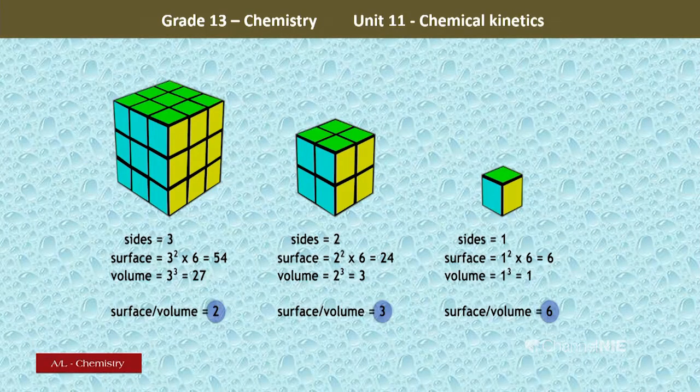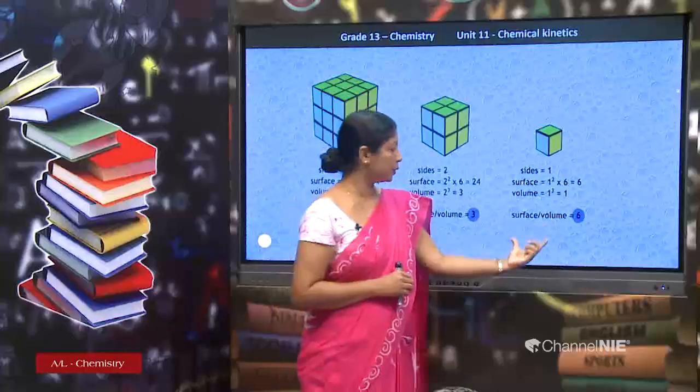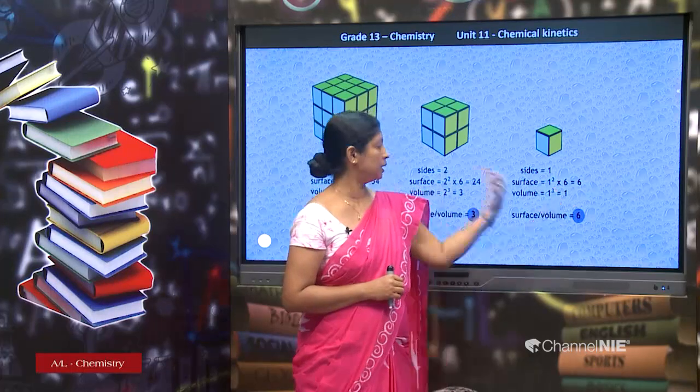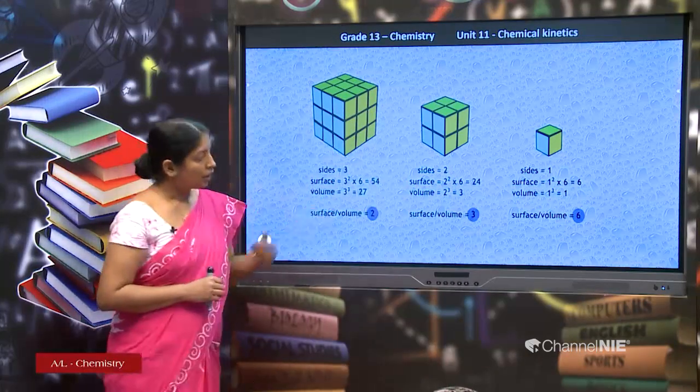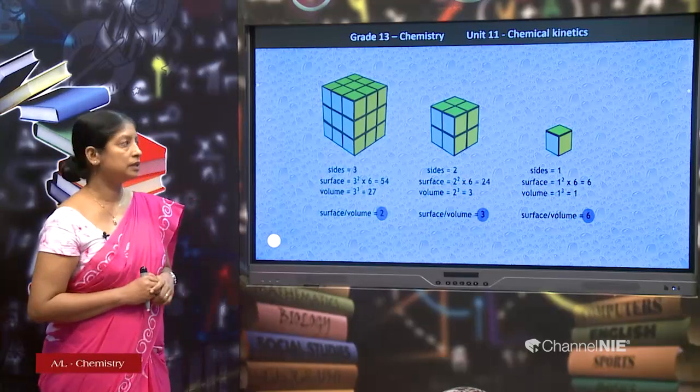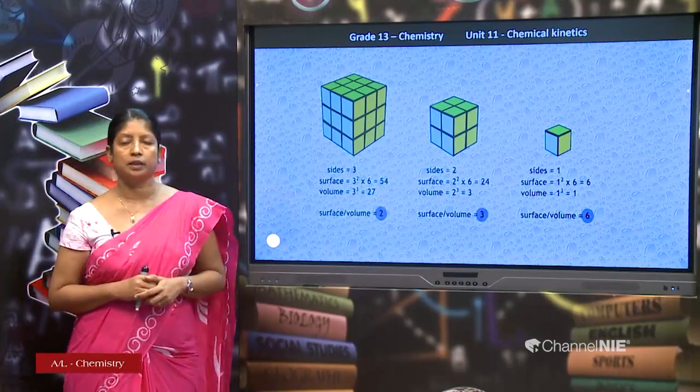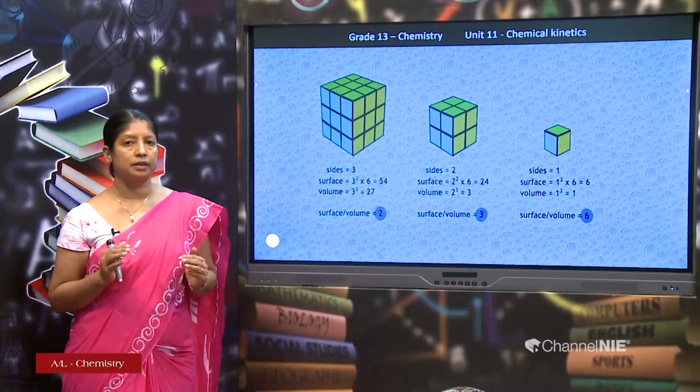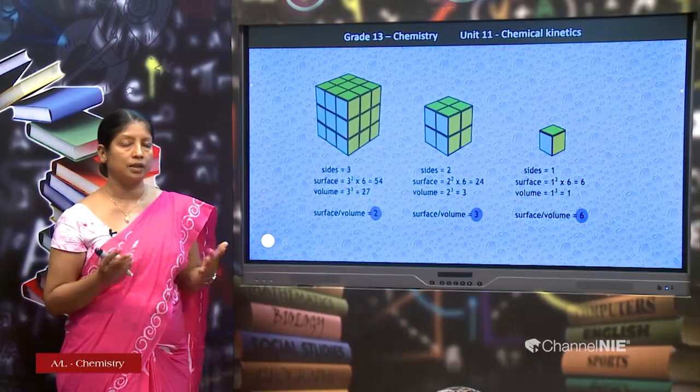In this large cube, you can see the surface to volume ratio is 2. In this small cube, the surface to volume ratio is 6. So, the smaller the size of the particle, the more the contact surface area increases. That is why it is necessary to introduce the solid reactant in powdered form to get the reaction done fast.